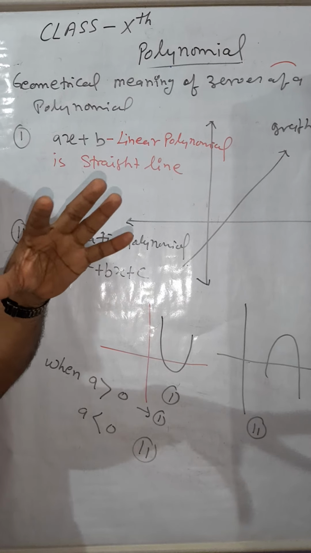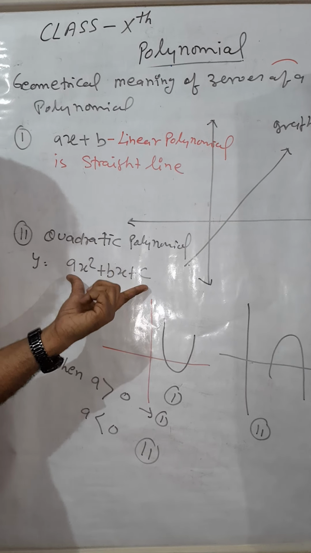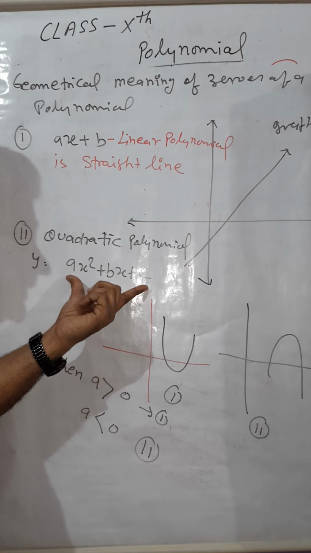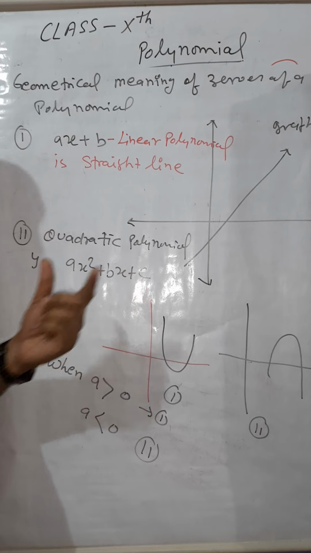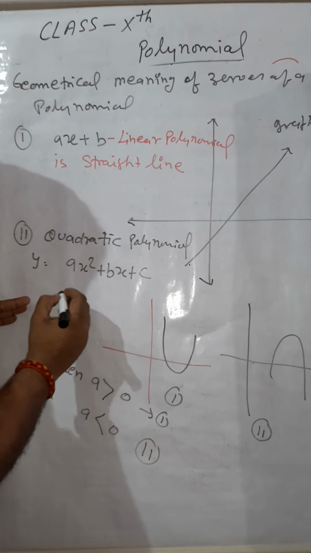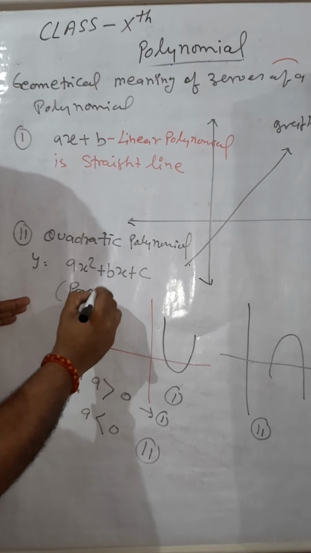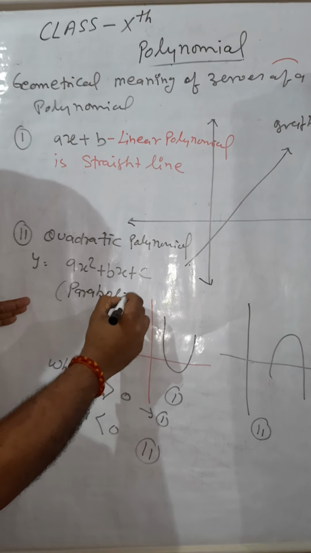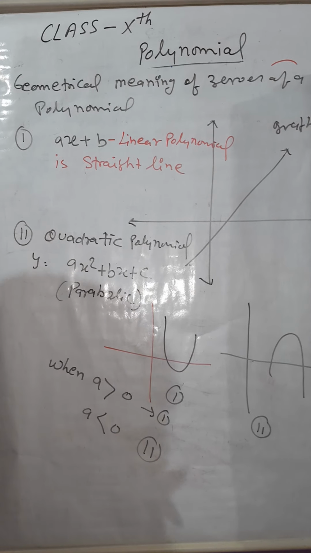So is this clear? The graph of a quadratic polynomial will be a parabolic structure. This structure is known as a parabola.